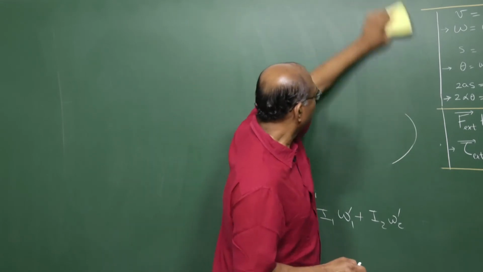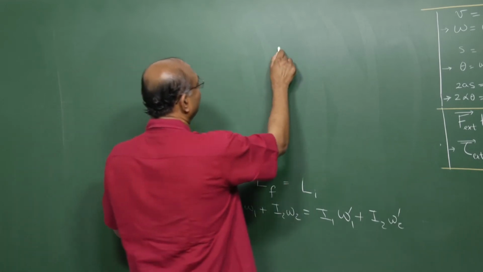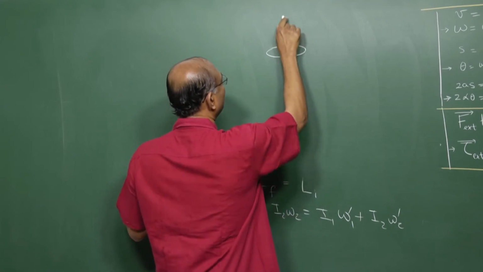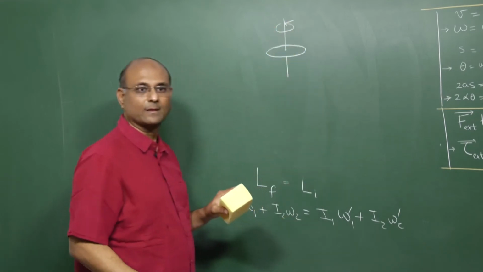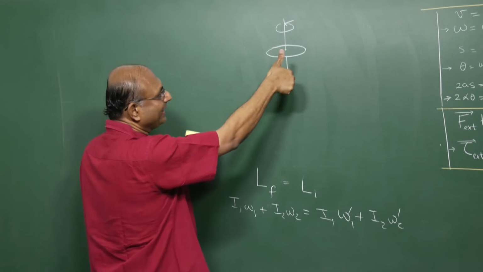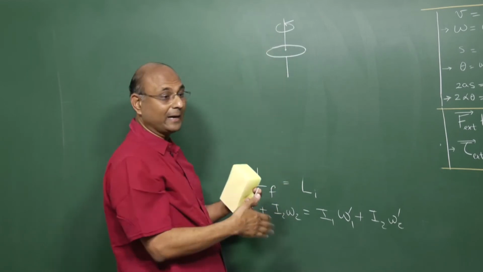Okay. So first let us start with a very simple question. What I have here is a disk. Let us assume that this disk was rotating like this. Usually we like to point out angular velocity is pointing upwards.